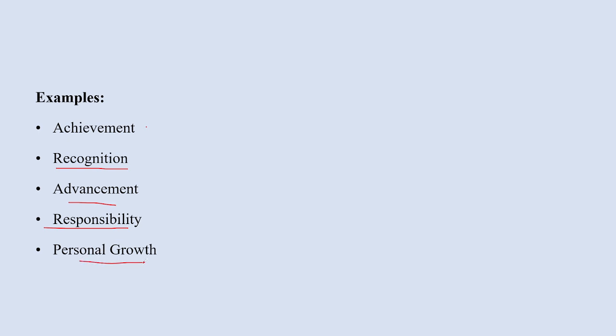Personal growth: an employee who is working in an organization where he or she finds learning opportunities, where they can nourish their skills and enhance themselves, will definitely find job satisfaction and be motivated.